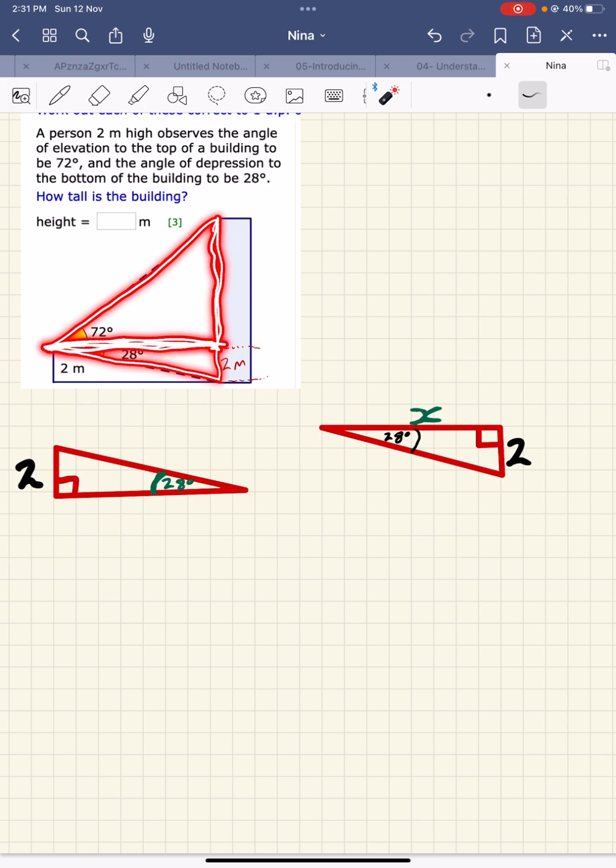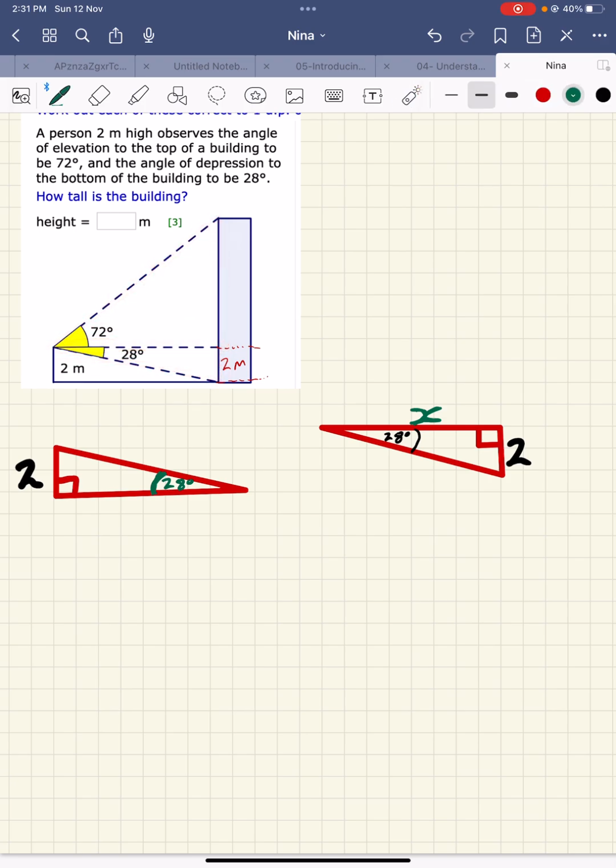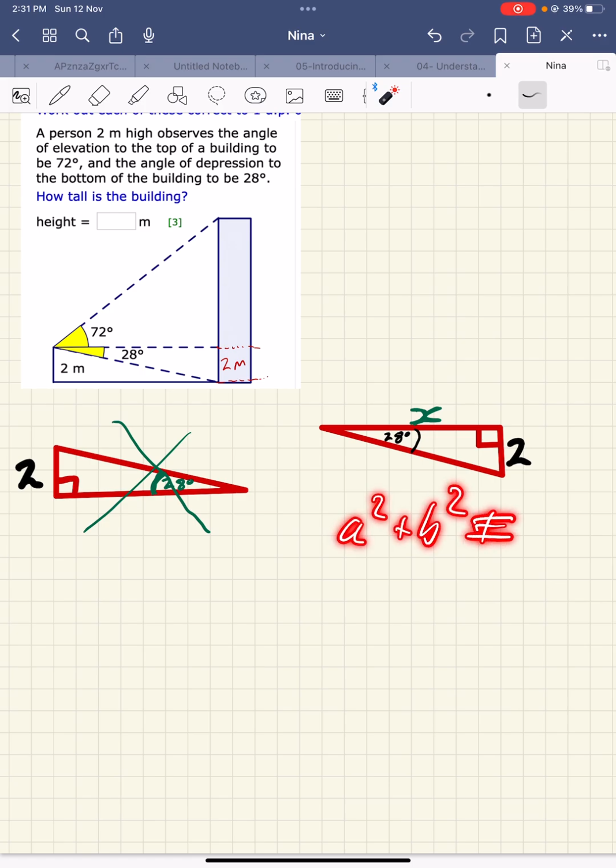So in fact, when you think of it in those ways, I think it's going to be more useful to ditch that and have this one. Okay, so now SOHCAHTOA or Pythagoras. Well, remember Pythagoras is a squared plus b squared equals c squared, my bad. That deals with this side and this side. But that doesn't work, so now it's SOHCAHTOA.